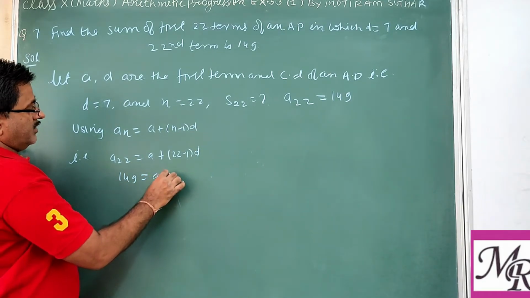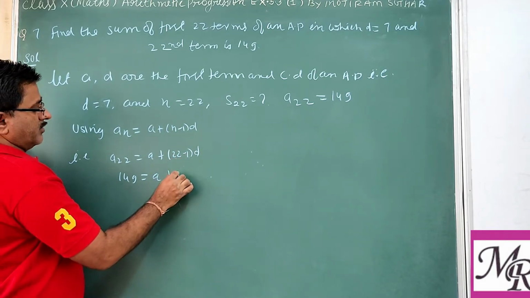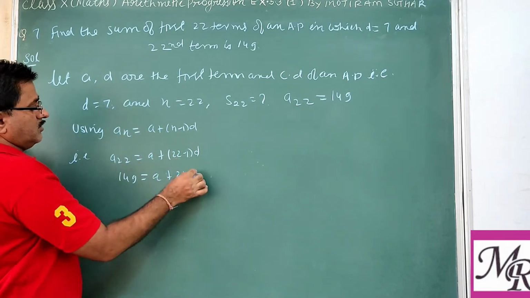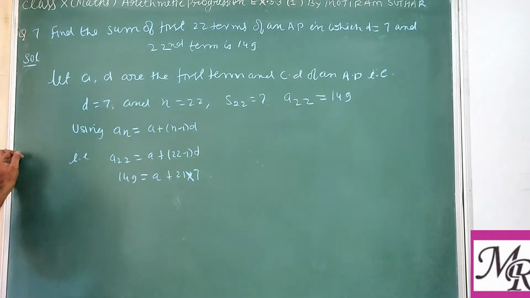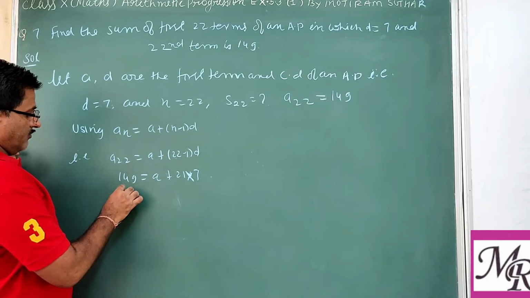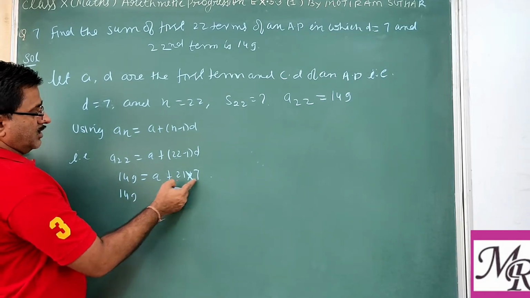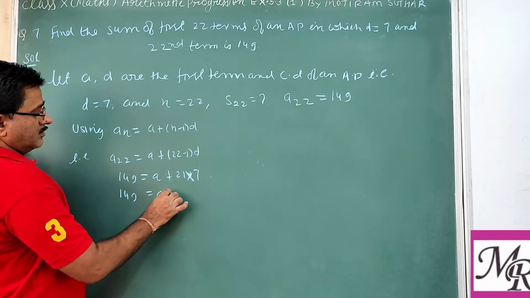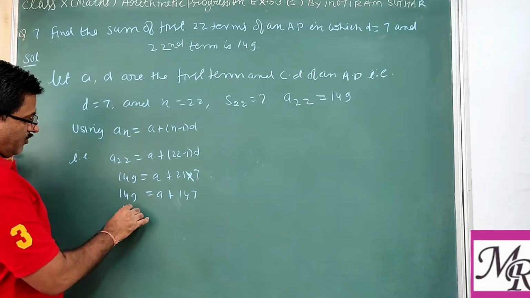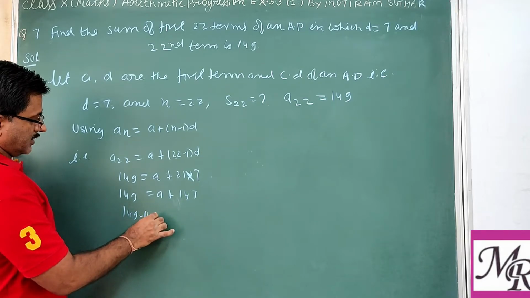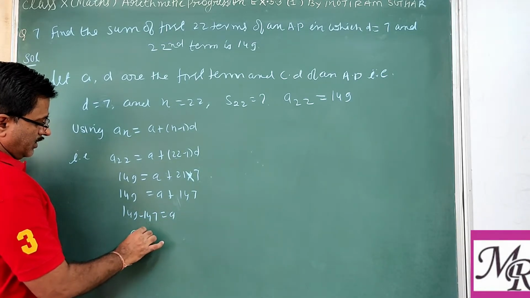We want to find a, 22 minus 1 is 21, and d is also 7. So from this we get the first term a. So 149 minus 21 times 7, which is 147, that is a. So you get a equal to 2.